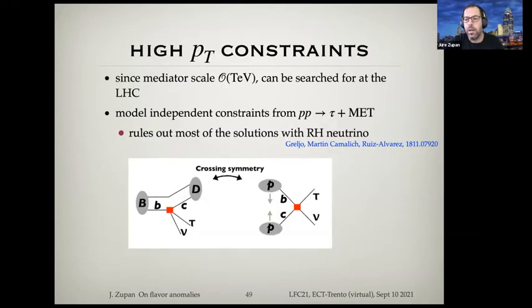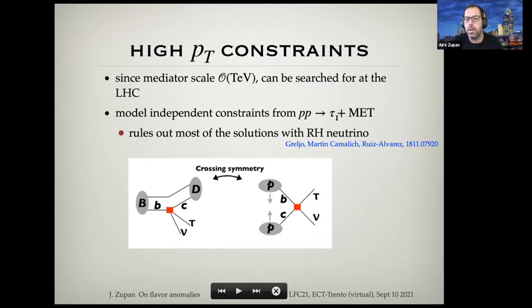So the nail in the coffin of many of these models is a quite model-independent constraint that comes from the following. If you have a B to C tau nu transition that is showing anomalous behavior in the experimental measurements at low energies, there should be a related b c̄ to tau nu annihilation, where you take a b from a proton, a c̄, let's say, from a proton, and you produce a tau nu final state.